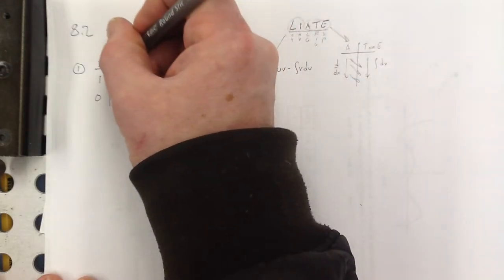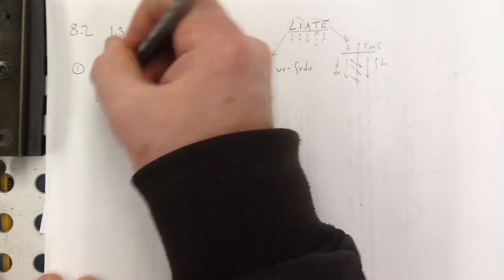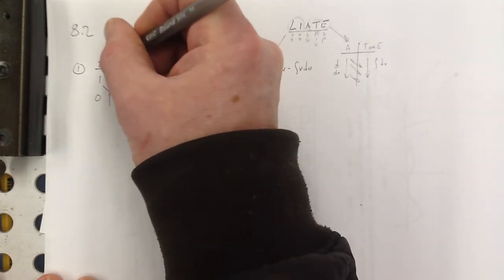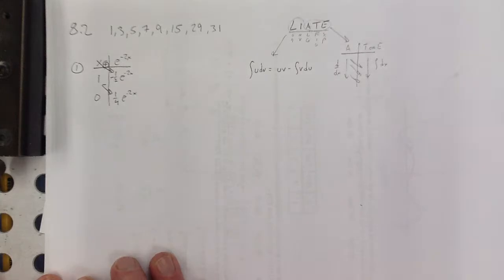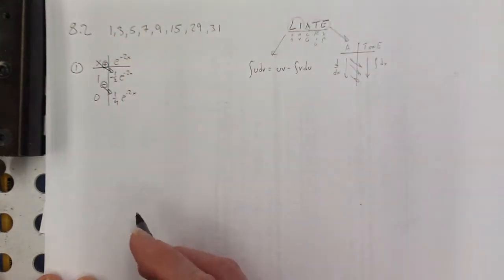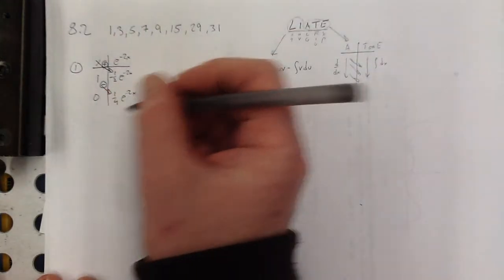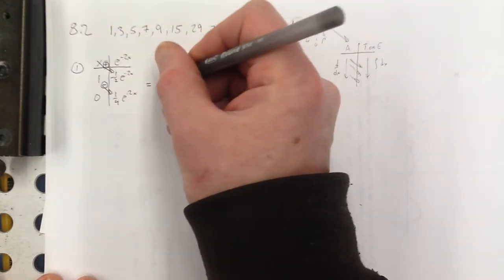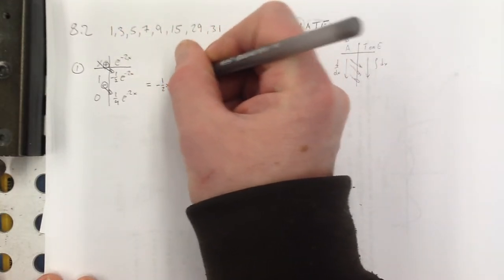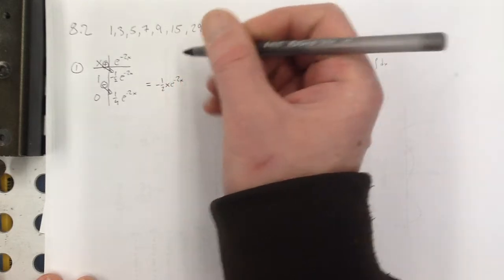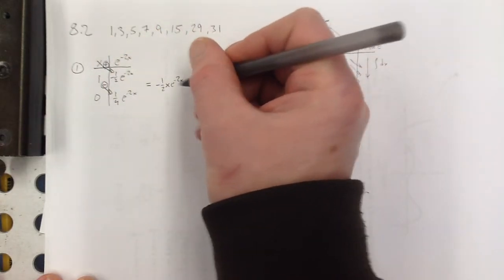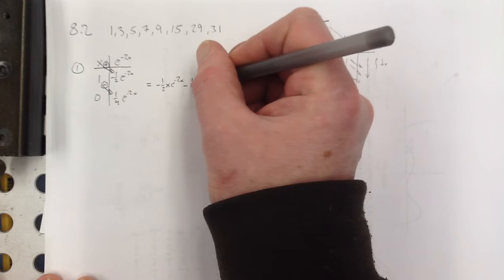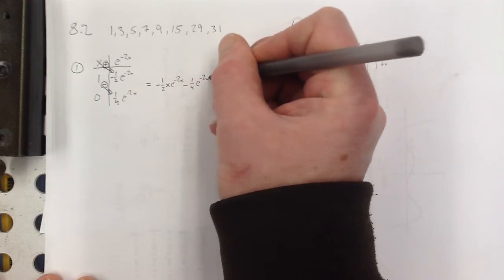And then I play ticky-tacky-toe, and these change signs on me, they alternate. So that's going to give me an antiderivative of negative 1/2 x e to the negative 2x minus 1/4 e to the negative 2x.